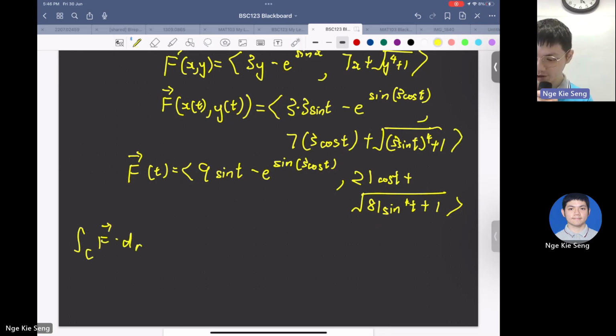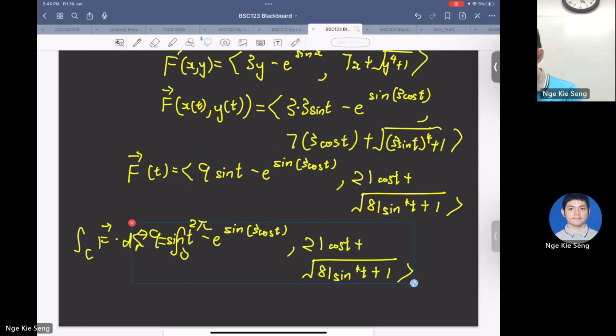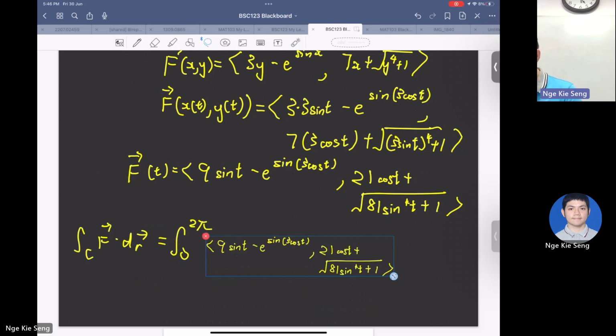Okay, so you need to dot product the two vectors together. So the first vector is this f. Maybe I make this smaller.